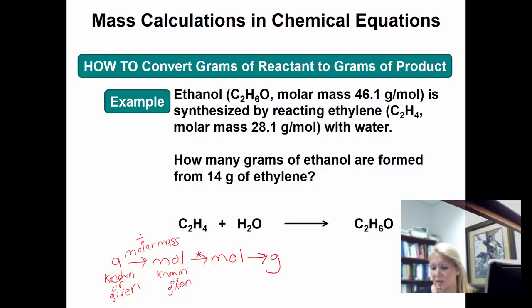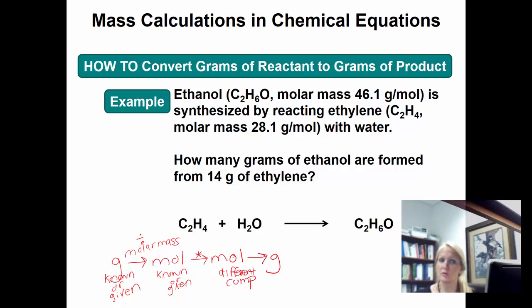Our second step is going to be the new step we learned a couple of videos ago. And it's going from moles of a known compound, the one that you're given in the problem, to moles of a different compound.